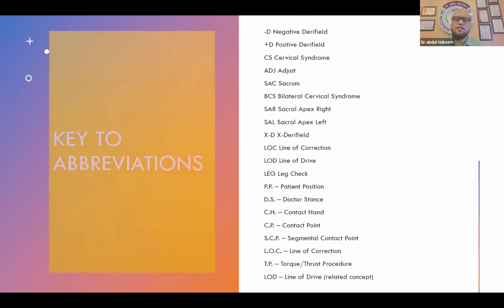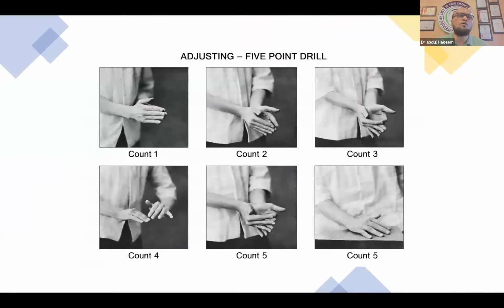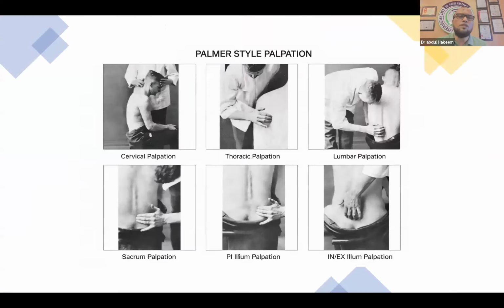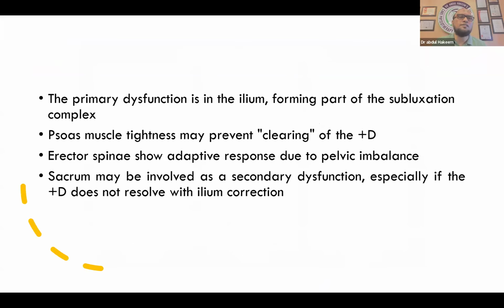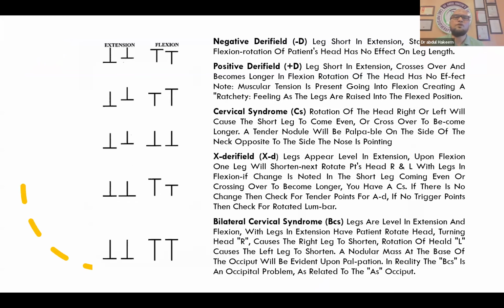If there is nothing in cervical syndrome or in negative Derifield, one more thing you have to see is the X Derifield. This is negative Derifield, then positive Derifield. Then we check for cervical syndrome. In cervical syndrome, the major subluxation will always be at C2. If you find a subluxation at C2, you correct it.